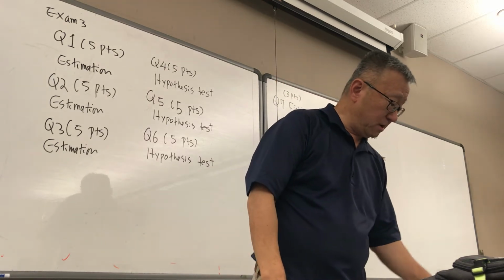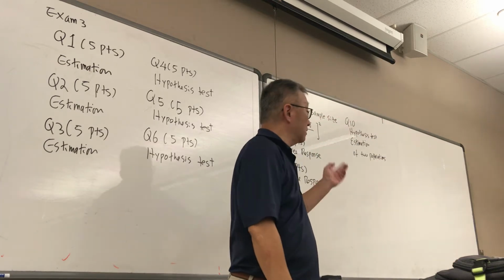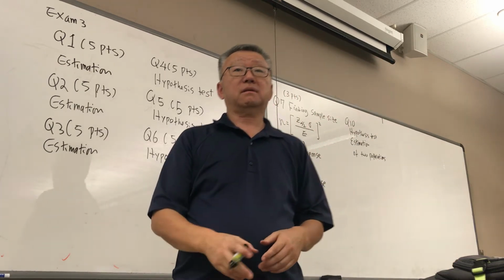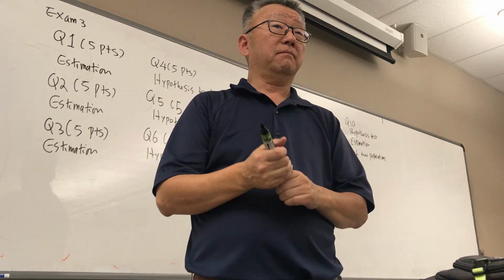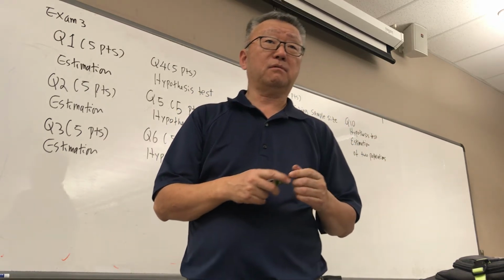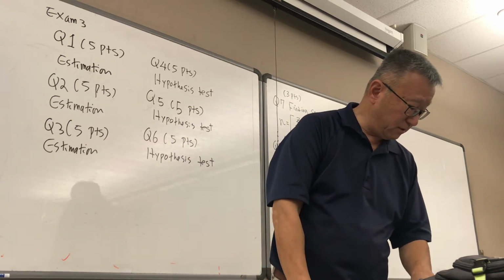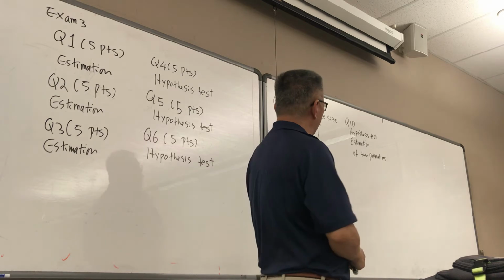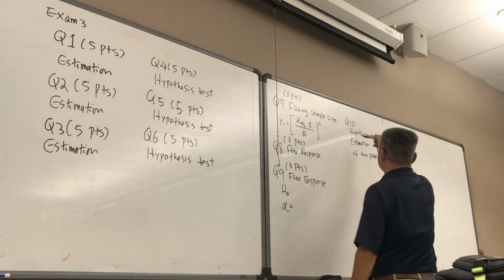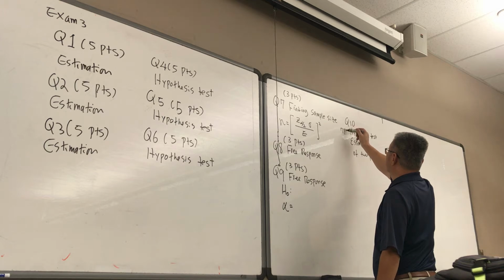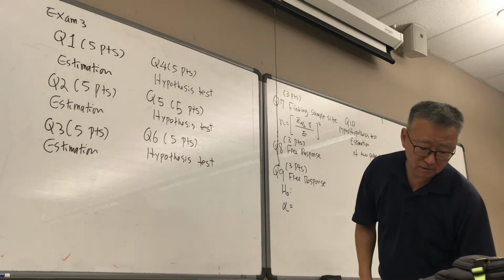So make sure that when we look at the estimations, like the exercise we did today, you check: does the interval contain a 0? If it contains a 0, you have to tell me what's going on. If it doesn't contain 0, you tell me what's going on there. So there will be 2 parts in question 10. The hypothesis test is going to be 7 points, and the estimation will be, how many is that? 4 points.